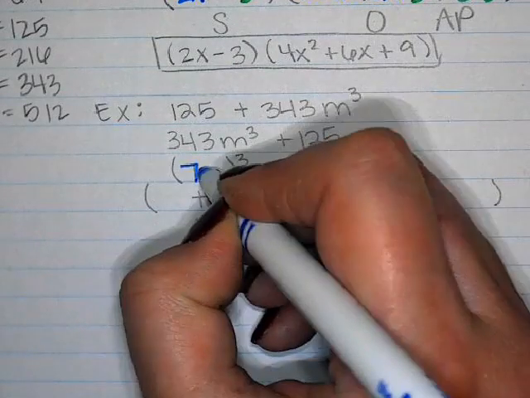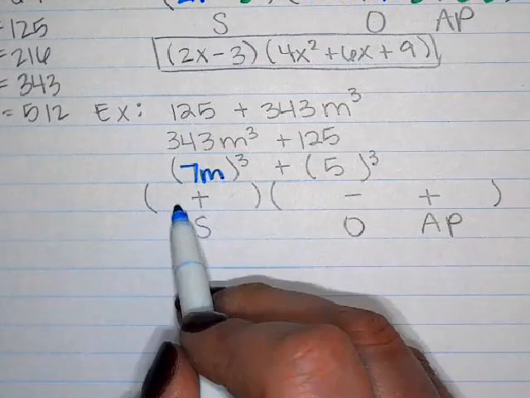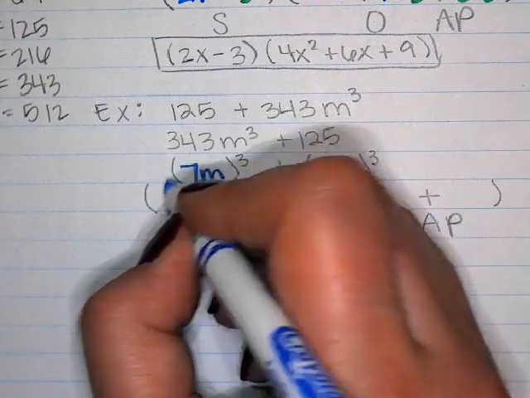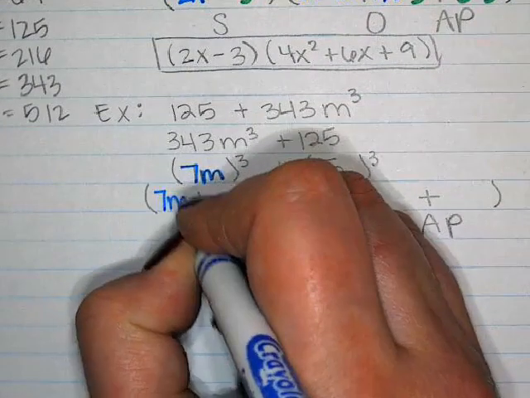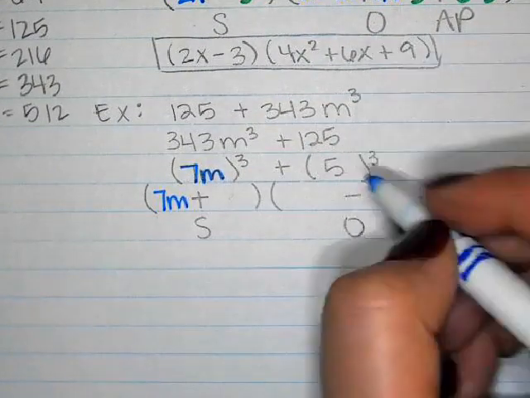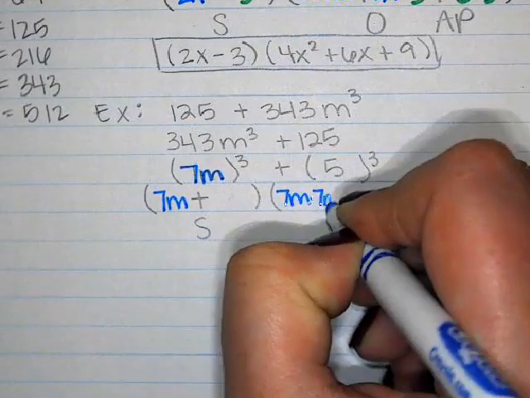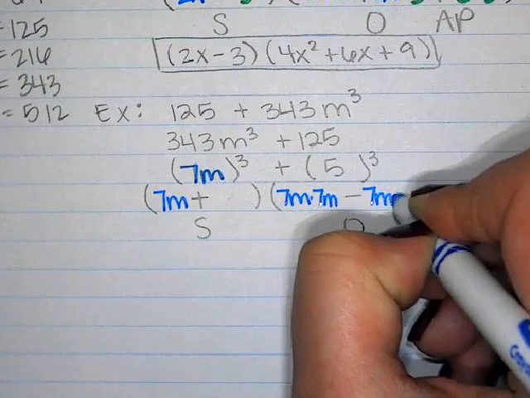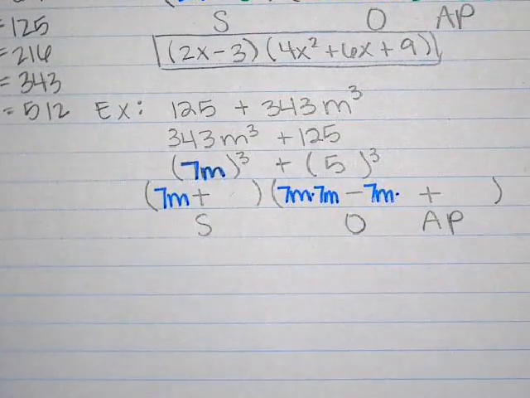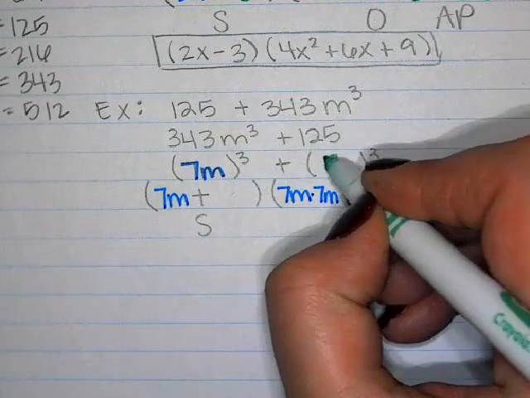So 7m times 7m, 7m times, but I stop because it's time to switch colors. And then for my other color, I'm going to do 5 once for the small parenthesis, and then twice for the big parenthesis.